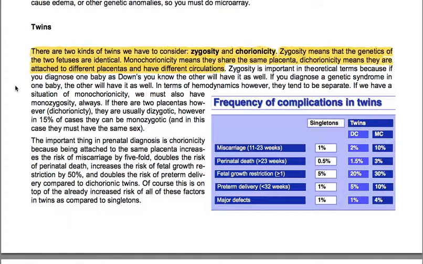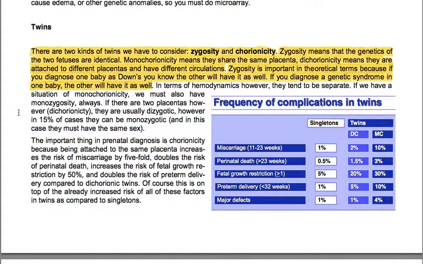Zygosity is important in theoretical terms because if you diagnose one baby as Downs, you know that the other will have it as well. If you diagnose a genetic syndrome in one baby, the other will have it as well. In terms of hemodynamics, however, they tend to be separate.